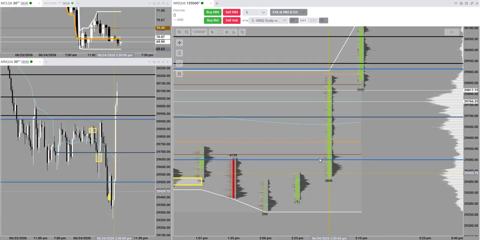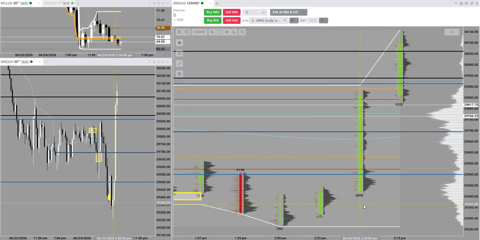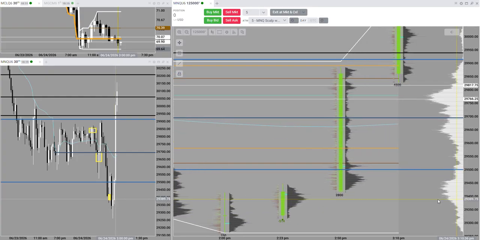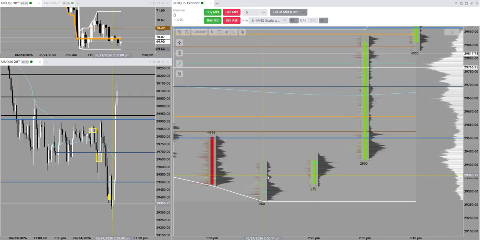And I still don't totally understand how to use delta, how to look at it. I think, sure, we're looking for divergence, right? But more importantly than divergence, if we're looking for a reversal, we're looking for a massive green delta on the side, and then seeing the node get created on this side for the most part.